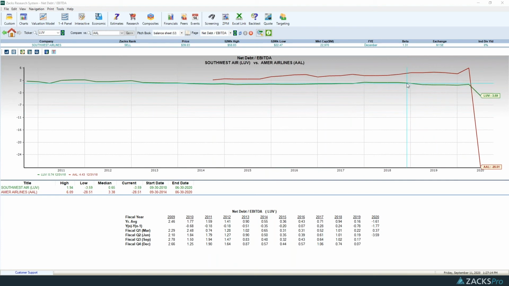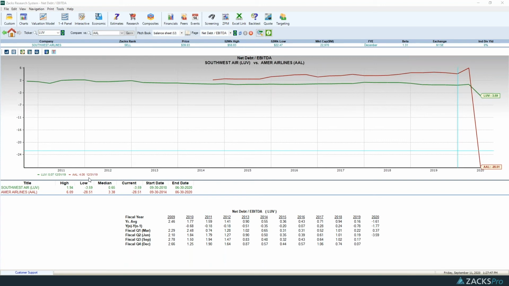You can see that Southwest had a much better net debt to EBITDA ratio versus American Airlines. It was much lower. So the lower this is, the better. However, too low means that this EBITDA number could be negative. So that's not good as well. But you can see that just before COVID hit, Southwest had a net debt to EBITDA of 0.07, which is very, very low.